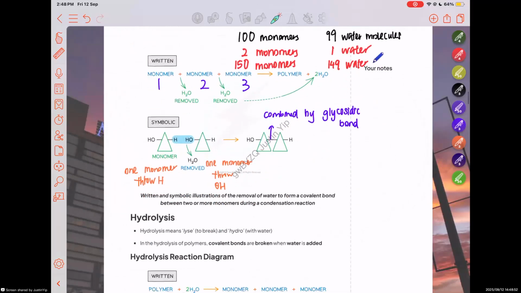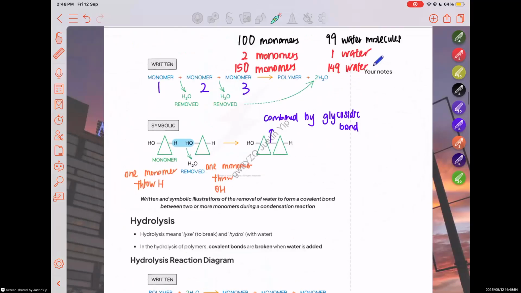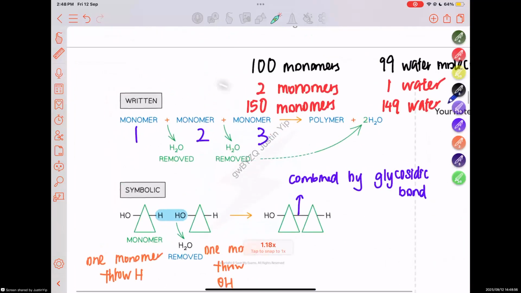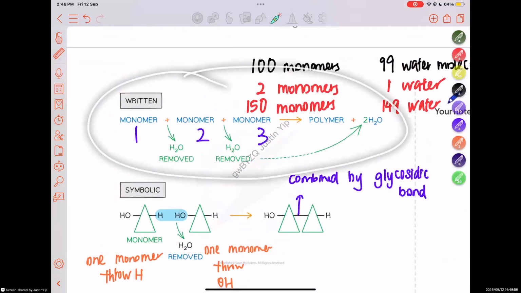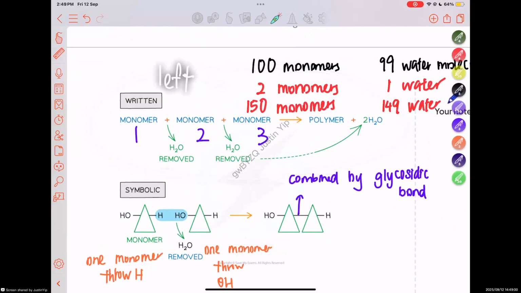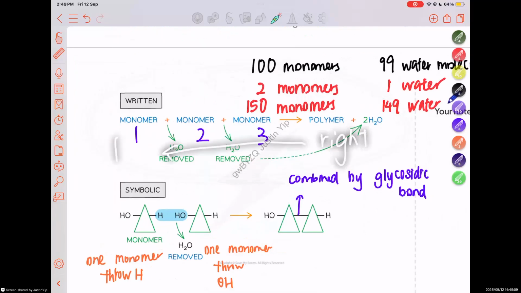Okay, hydrolysis, what is it? You got this equation, right? From left to right, we call it condensation. From right going back to left, we call it hydrolysis. It's like an inverted concept.